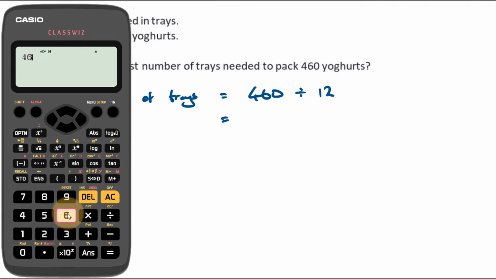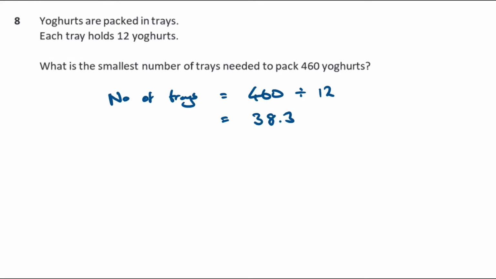So 460 divided by 12 comes out to be 38.3 recurring, which I'm just going to round off to 38.3 when I write it down. Now, normally we want to know the smallest number of trays, don't we? So 38.3 normally rounds down to 38, doesn't it? But we need to fit all these 460 yogurts into a tray.